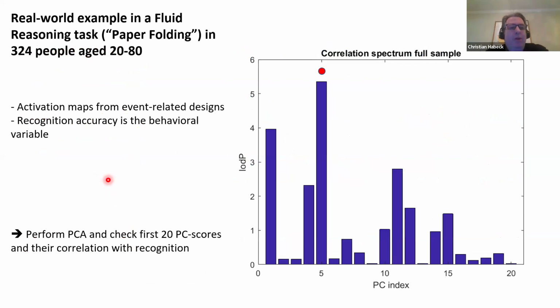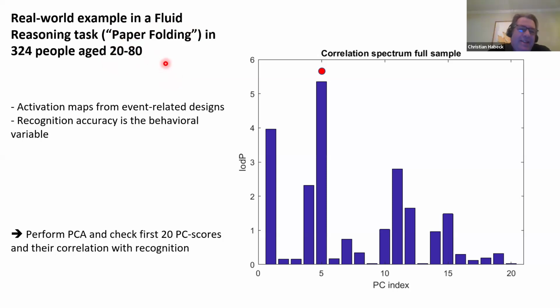Let me now look at a real world example, just another caveat about picking single principal components. You can do this, of course, for descriptive purposes, but the inferential robustness is really sort of questionable. I'm not going to talk about the fMRI task very much, but there are 324 people who do this task, and it's across the lifespan.